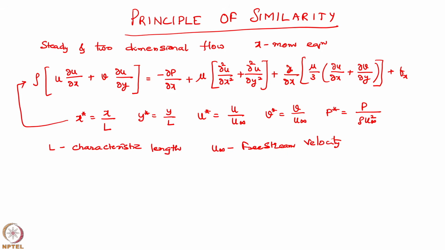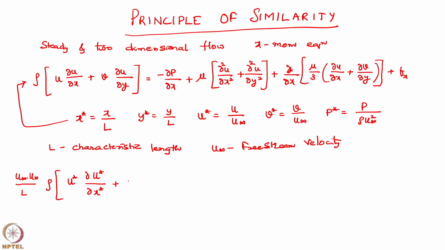substitute all of them in the above equation, what you get is rho into u star, u becomes u star into u infinity, and dou of dou x star, x is x star into length, so you have L, into u is u infinity into u star, u infinity is constant, so u infinity into u infinity, u star.